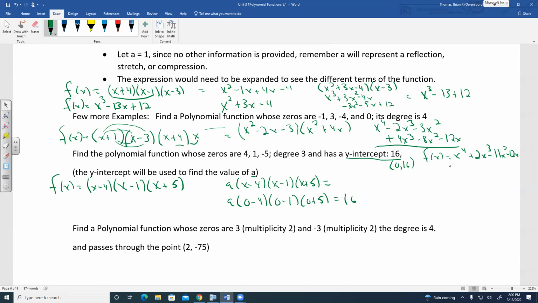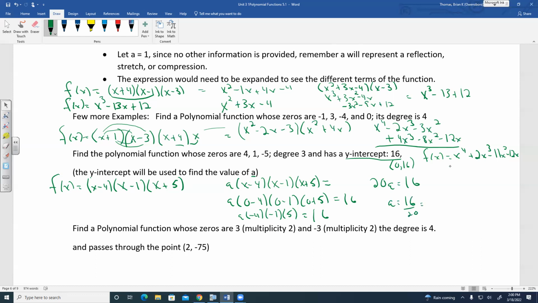So 0 minus 4 is going to be a -4. So it's going to be a -4, a -1, and a 5. That's going to equal 16. So what I have then is -4 times -1 is going to be a +4, and 4 times 5 would be 20. So this turns into 20a equals 16. You now have to divide each side by 20, so a equals 16 over 20.